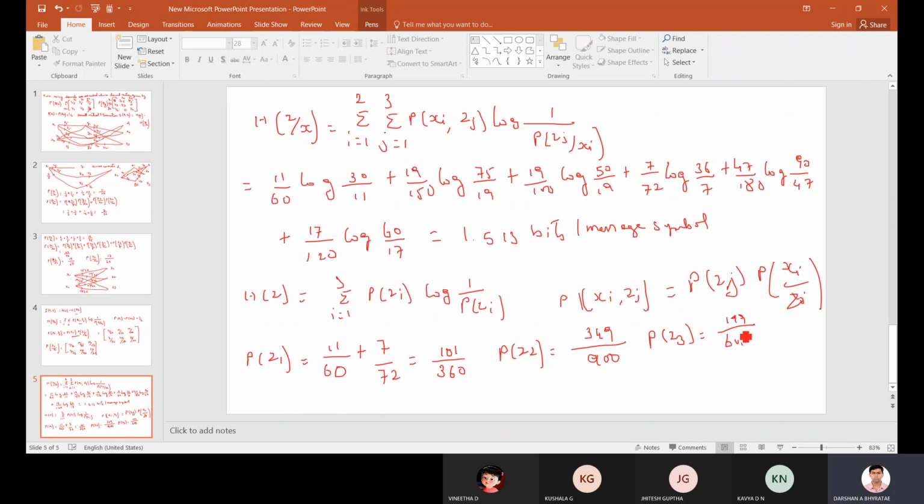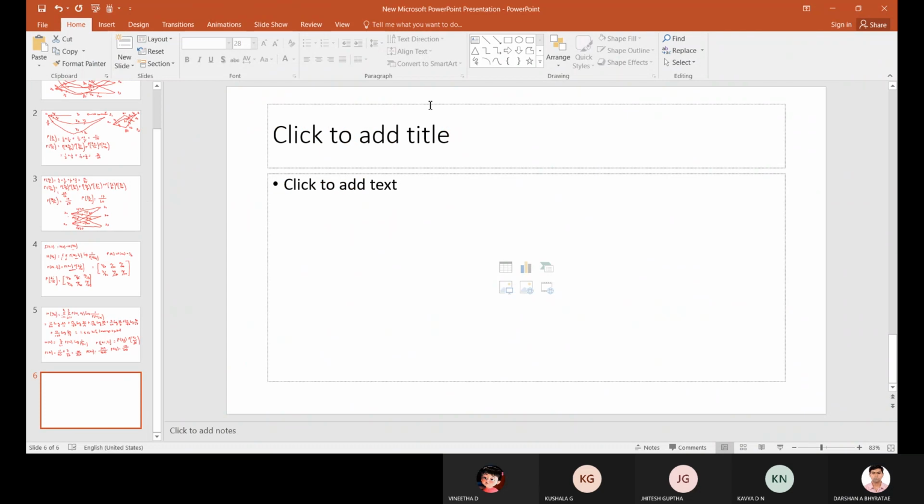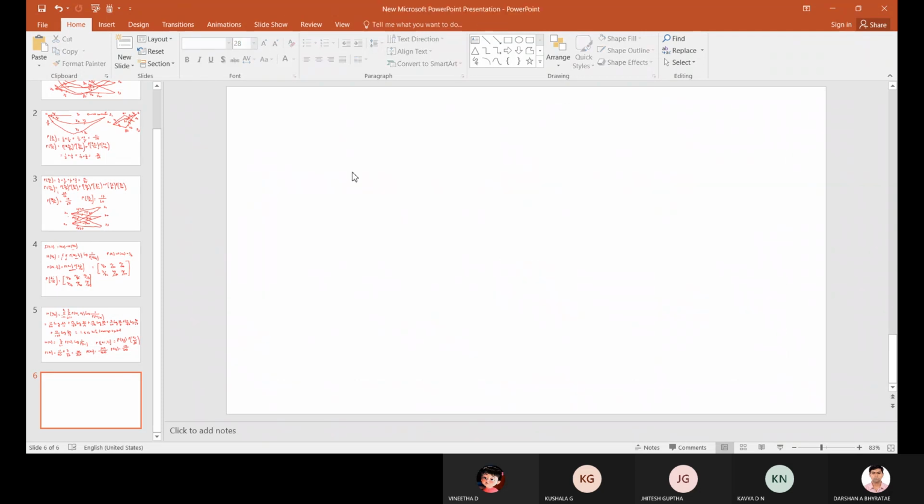Substituting in the H of z formula, the summation i equal to 1 to 3 of P of zi into log of 1 by P of zi, I get H of z.